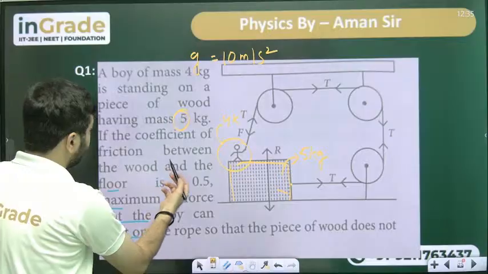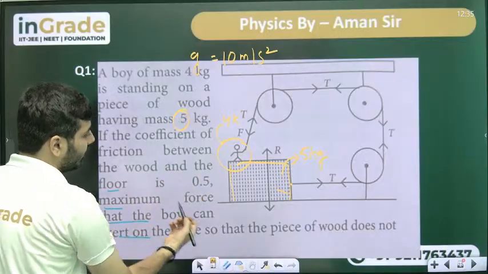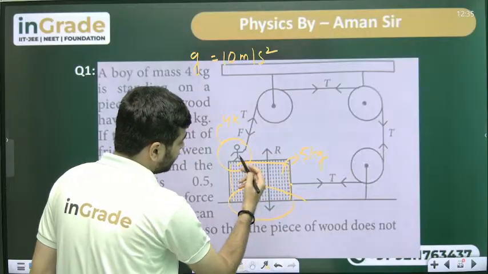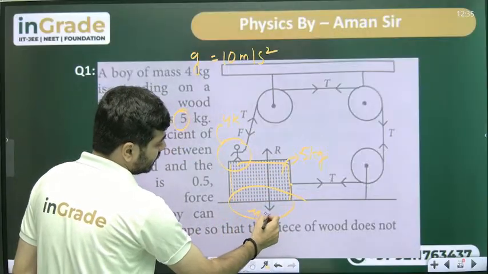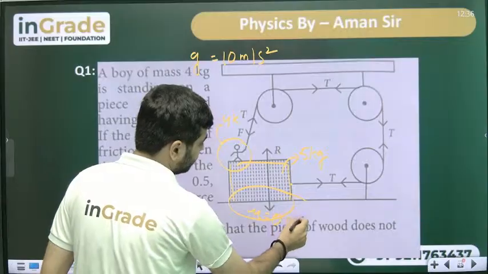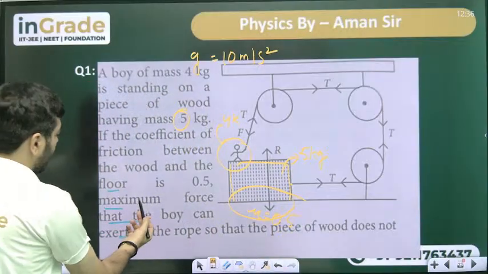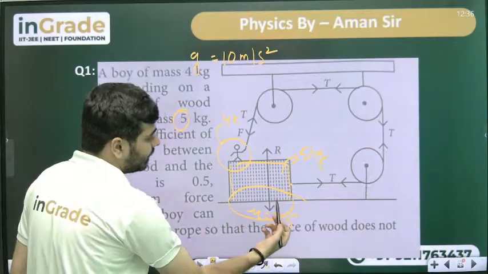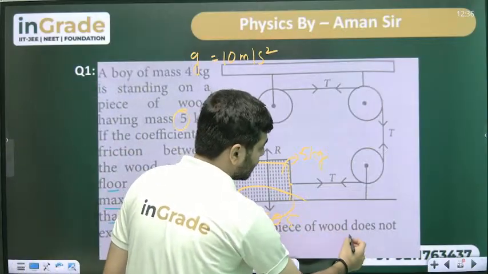The coefficient of friction between the wood and the floor, that is between this floor and this block, is mu equals 0.5. Find the maximum force that the boy can exert on a rope so that the piece of wood does not move.